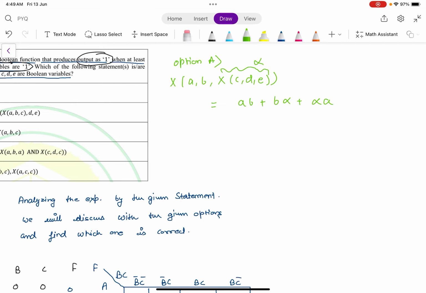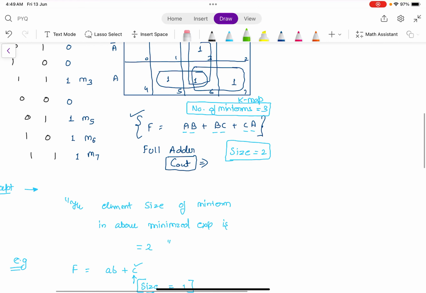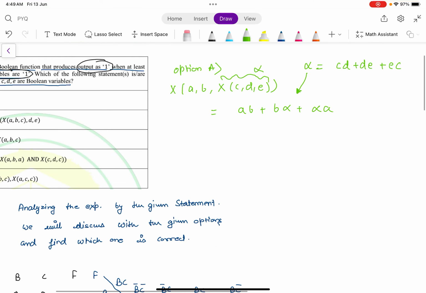So alpha by itself gives you cd, de and ec. So you don't have to completely put the values and expand the expression. I don't want you to go through this process just because I have told you something. So let's say, and this is your left hand side.